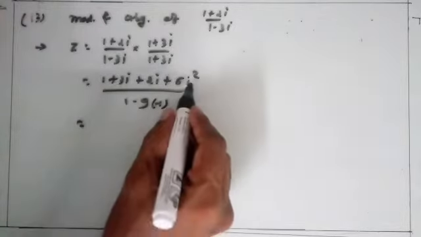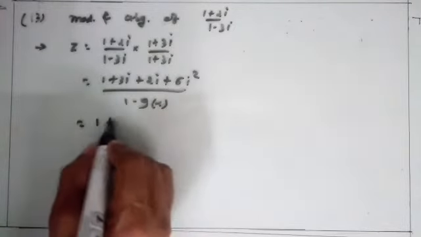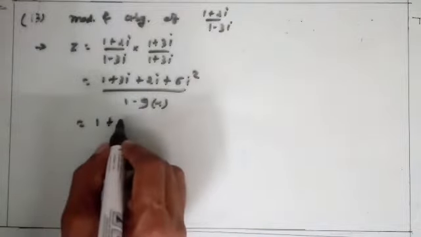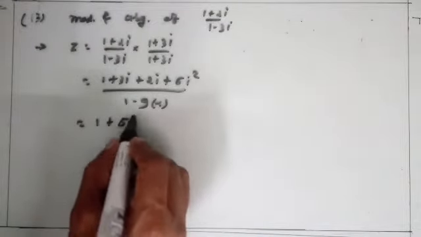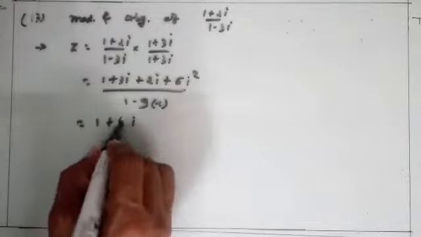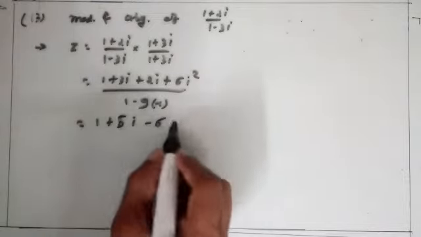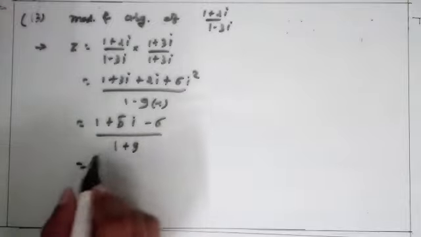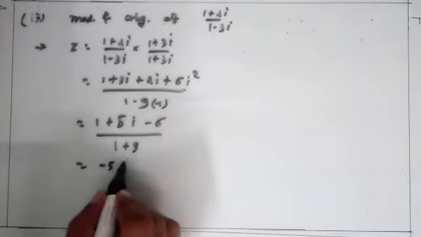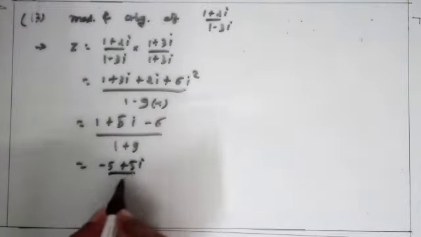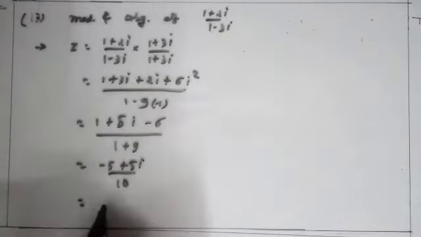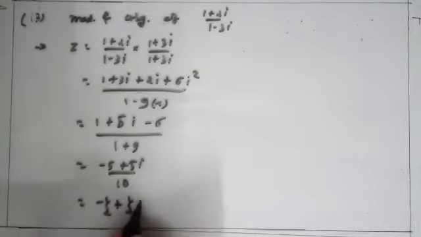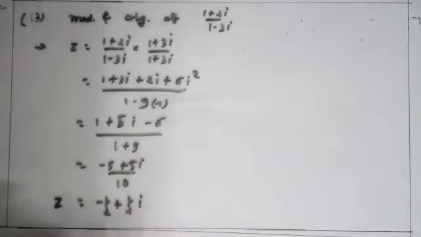So I square equal to minus 1, here it becomes plus 5i, minus 6 upon 1 plus 9, so this becomes minus 5 plus 5i upon 10. Now dividing by 10, we get minus 1 by 2 plus 1 by 2i. This is the complex number z.